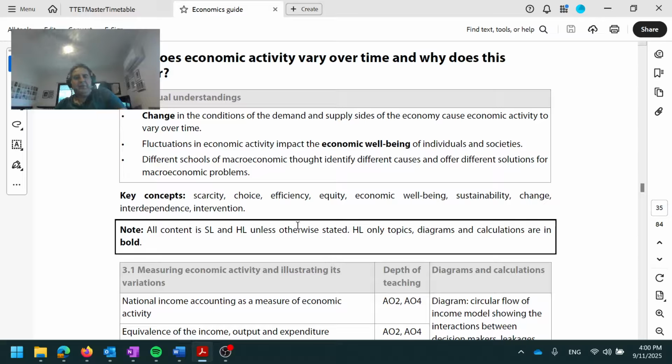It just says there are different schools of macroeconomic thought. So for us, we know that the distinction there is classical versus Keynesian, or monetarist versus classical, and Keynesianism.